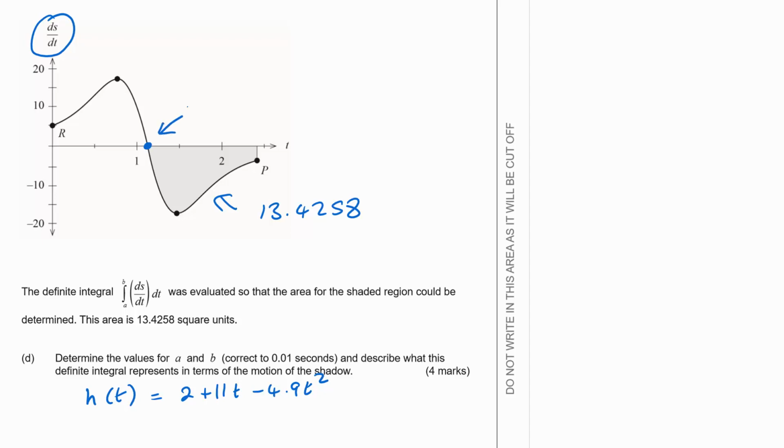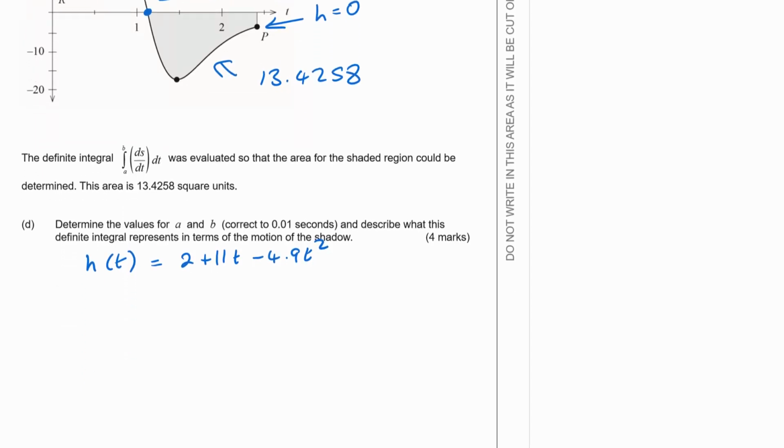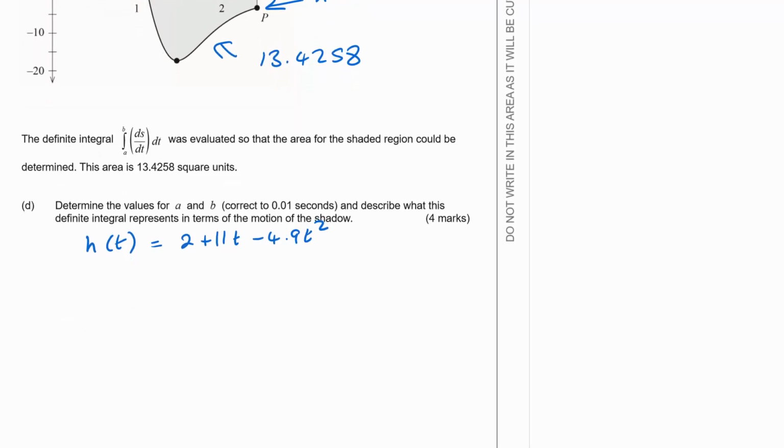That's going to be at the max height. And then this point here we know is when it hits the ground. So that's when h is equal to 0. So we can get these values from our calculator.